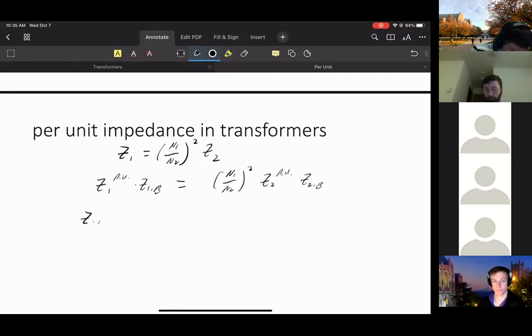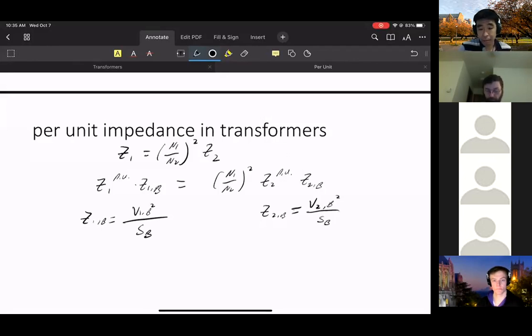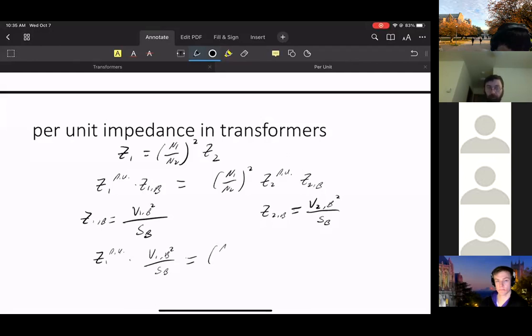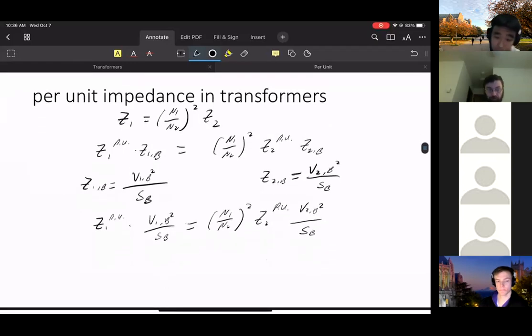So we must have Z1 base as V1 base squared over the base power, and Z2 base as V2 base squared over the base power. This is what we must have. So plug this in: Z1 per unit times V1 base squared over power equals N1 over N2 squared times Z2 per unit times V2 base squared over the base unit for power.